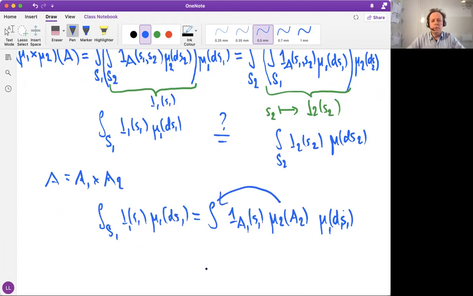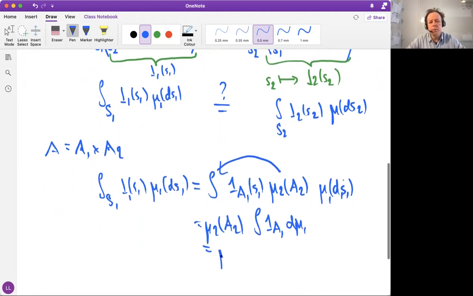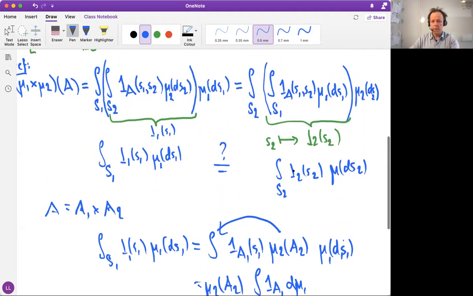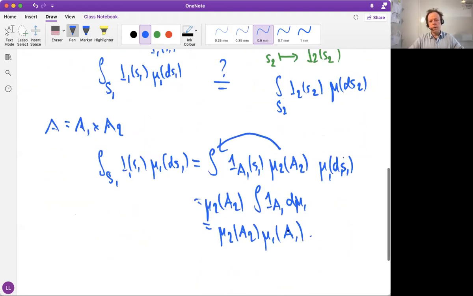Here mu2 of A2 is a constant that goes to the front by linearity of the integral, and then we are left with the indicator A1 d mu1, which is mu2 of A2 times mu1 of A1. If you do the same for the second integral, you get the same result: mu1 of A1 times mu2 of A2, so they match.